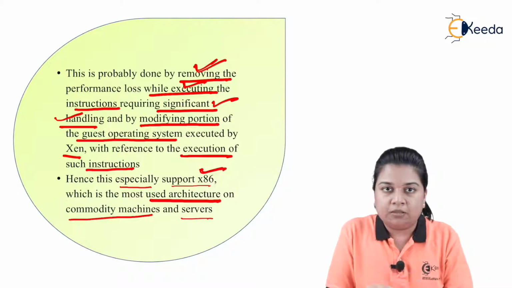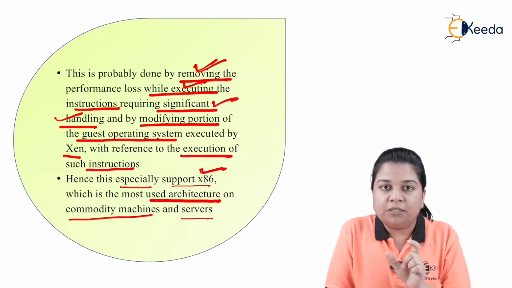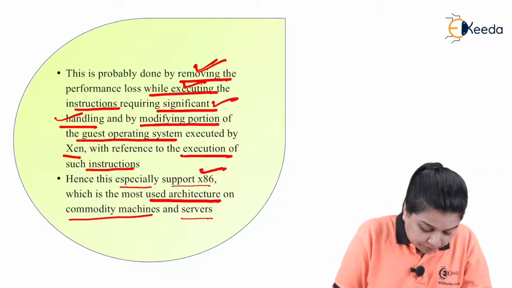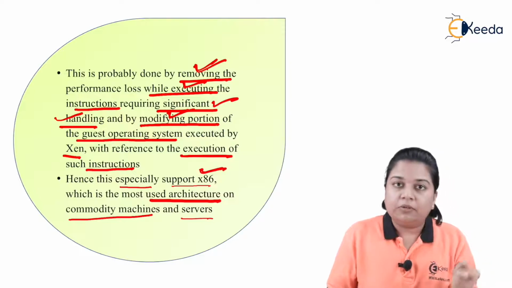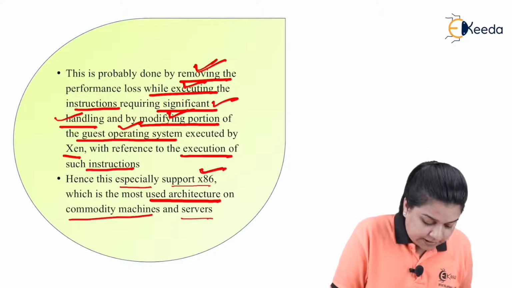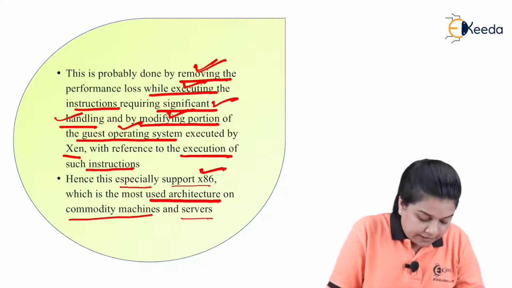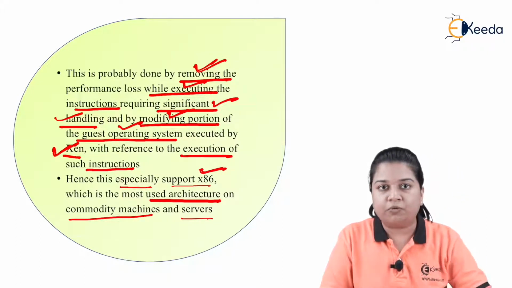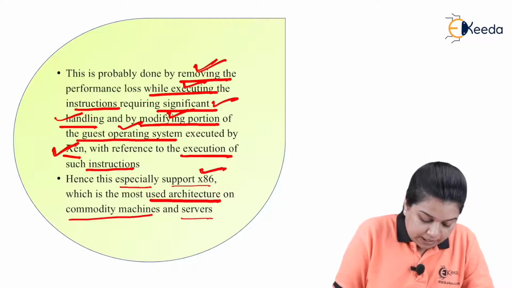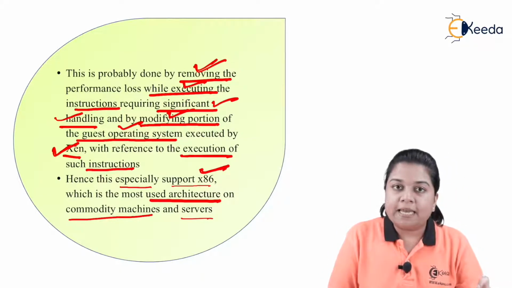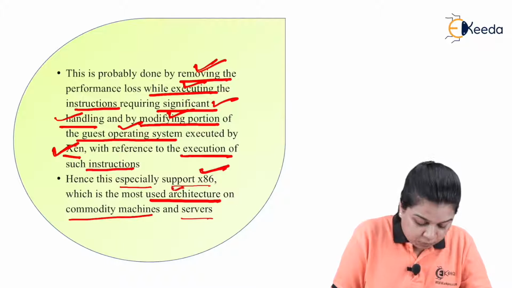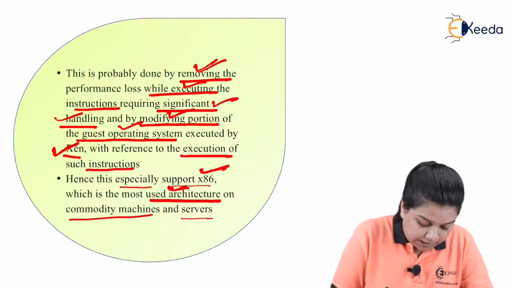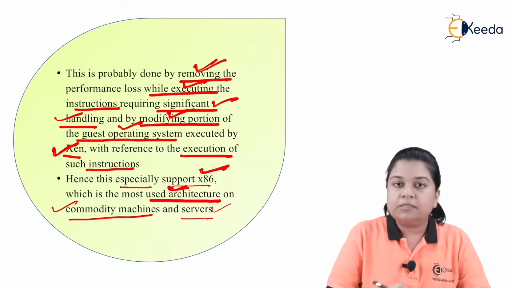Thus, a portion of the guest operating system which is executed by Xen is modified with reference to the execution of the instructions provided there. Hence, it supports the x86 architecture, which is the most commonly used architecture in commodity machines and servers.